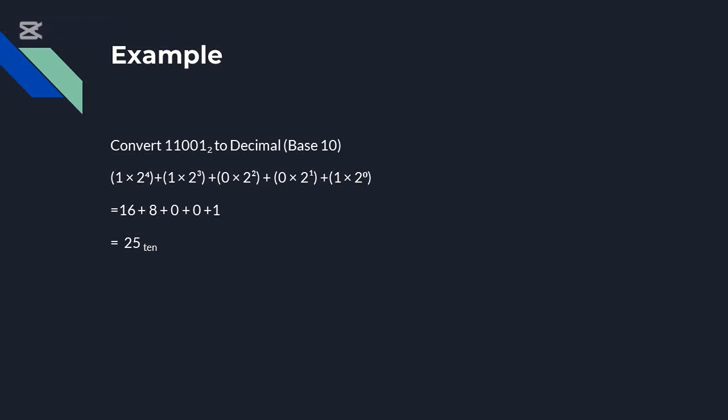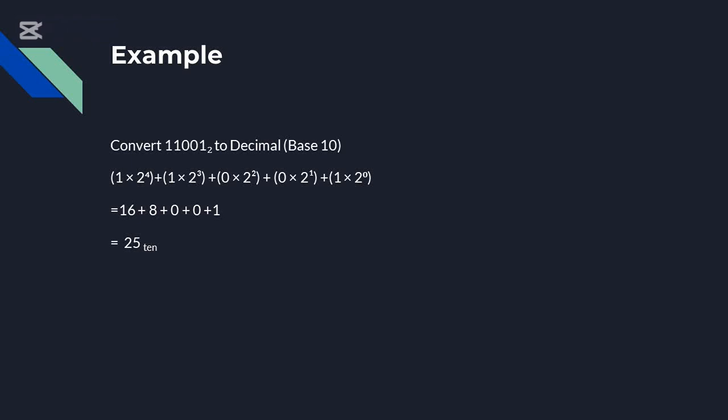So that means 1 will have the power 0, then 0 will have 1, and then 0 will also have 2, then we shall have 1 having 3, and then another 1 having the power of 4. So in simple terms, when you look at giving powers, you start from the right hand side, starting from 0, 1, 2, 3, 4.